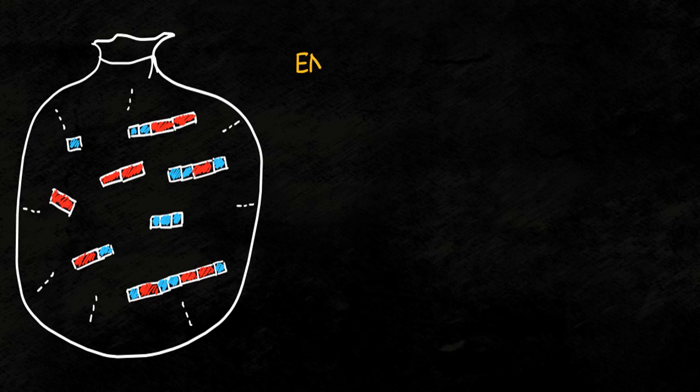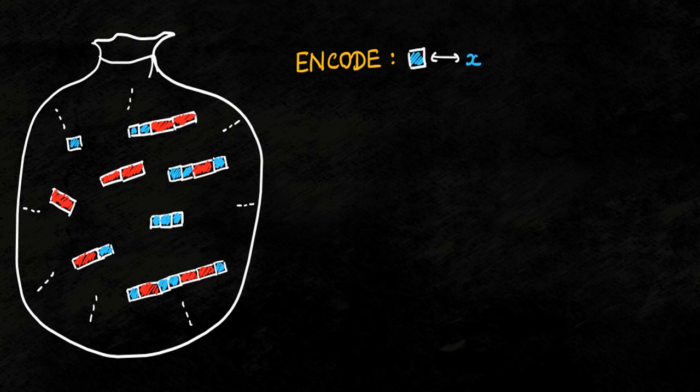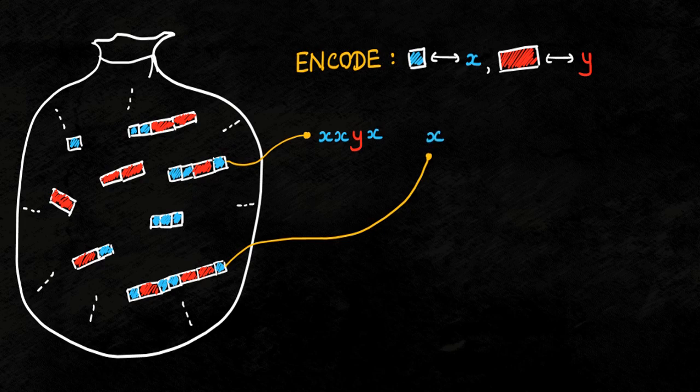Each tiling in this bag will be described as a string of symbols, encoding each 1x1 rectangle with an x and each 1x2 rectangle with a y. For example, this tiling right here will be written as xxyx, and this tiling right here will be written as xyxxyyx. We'll also include the empty tiling with no tiles at all, and we'll name it with the symbol 1.